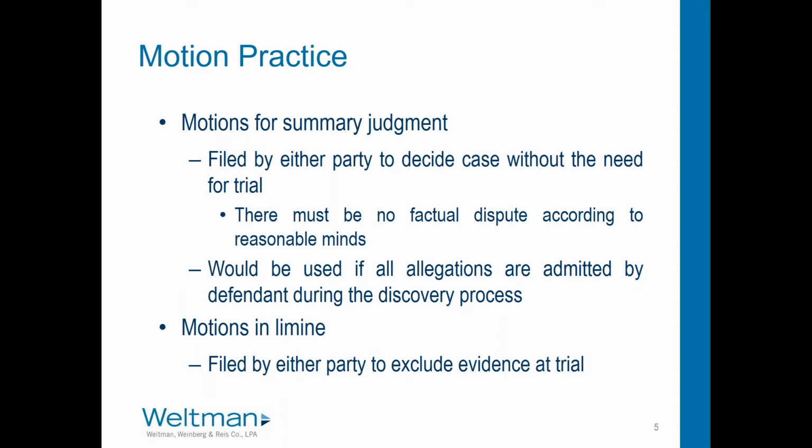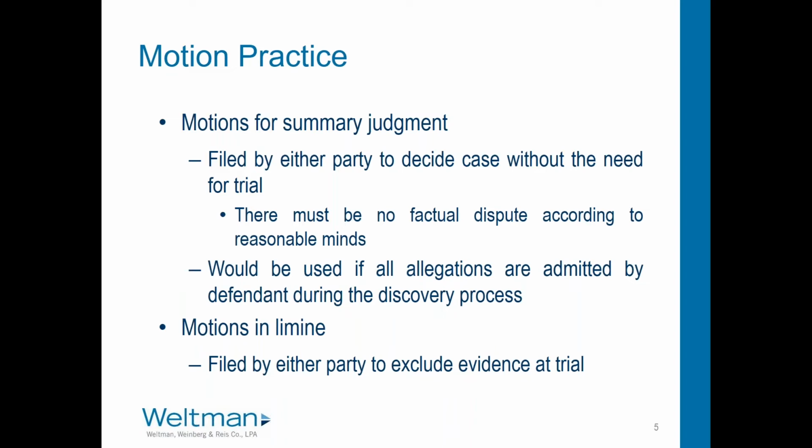So you may see those, which we won't get into today because there's just a variety. But typically, motions for summary judgment, while you'll see them, are pretty rare. And the reason they come after the discovery process is that you're using a lot of the information you've gleaned through discovery to support your motion for summary judgment.